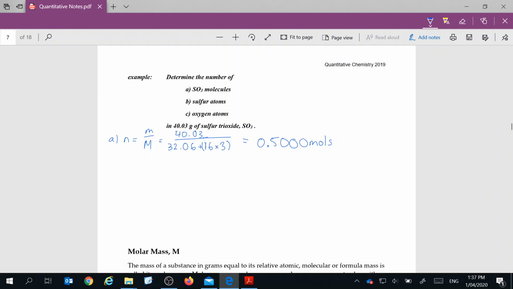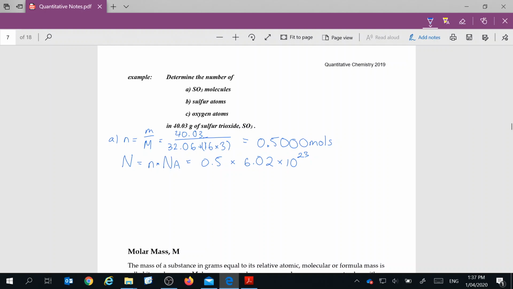So, the formula is N, big N, which is the number of molecules, equals the number of moles times Na, which is Avogadro's number. So 0.5 times Avogadro's number, which is what? 6.02 times 10 to the 23.